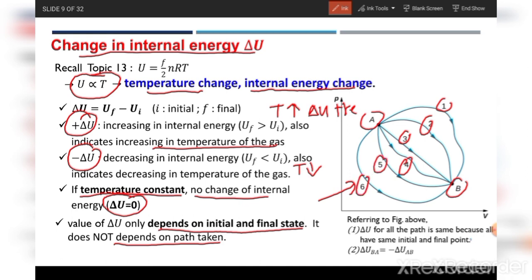For all of these, delta U is the same, because delta U does not depend on the path taken. It only depends on the initial state and final state.